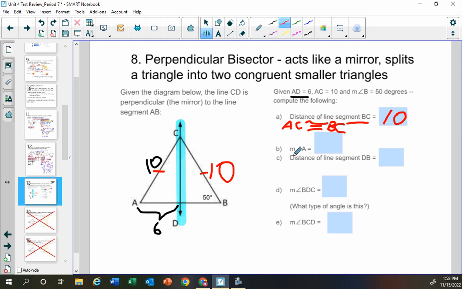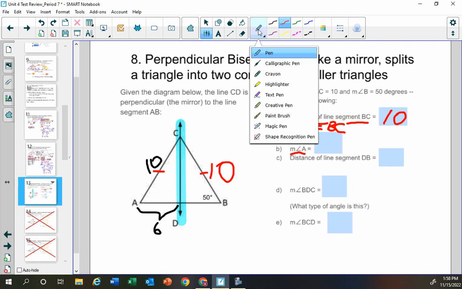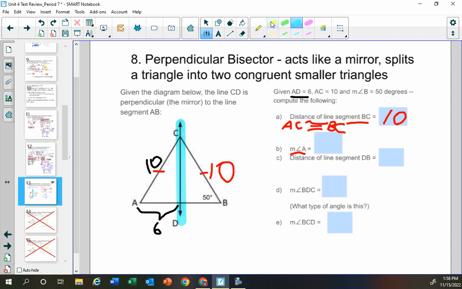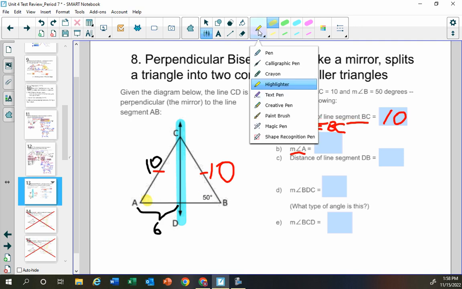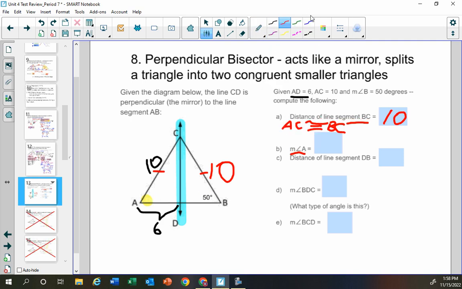We're looking for an angle. So for number 2, we're looking for part B. Where is angle A? All right, so angle A is going to be 50 because it mirrors angle B. Angle A is going to be 50.